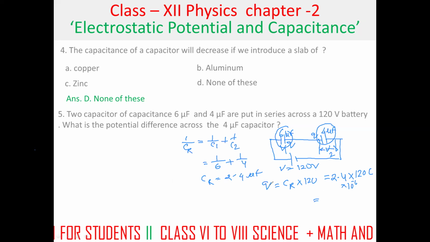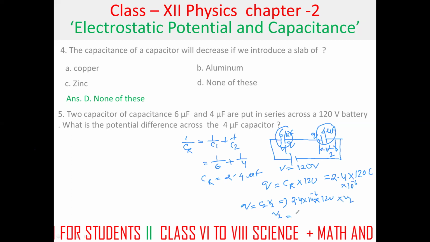Now you get Q, and this is the Q through this capacitor as well. So to find the voltage across this, we will again apply Q equal to C2 into V2. So Q is equal to 2.4 into 10 to the power minus 6 into 120, equal to 4 into 10 to the power minus 6 into V2.